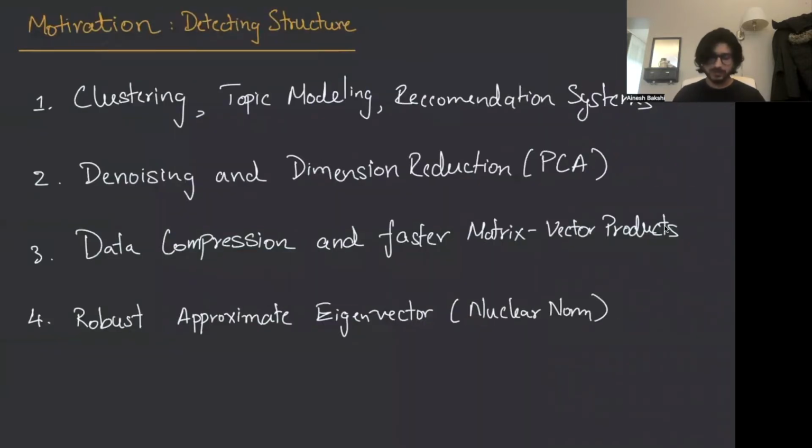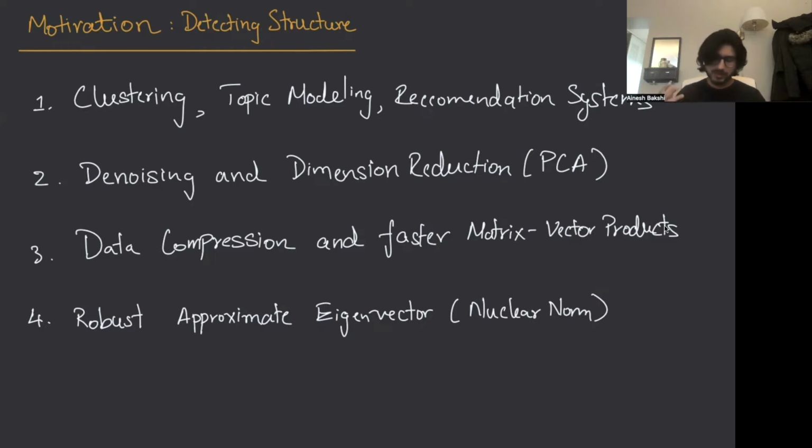The motivation for this problem comes from several existing works in high-dimensional data analysis. Low-rank approximation is used as a subroutine for clustering, for topic modeling, for recommendation systems. It's also used to denoise datasets and for dimension reduction, such as principal component analysis.